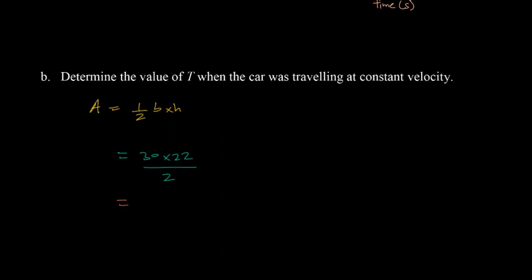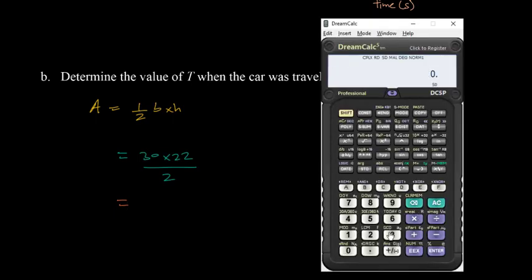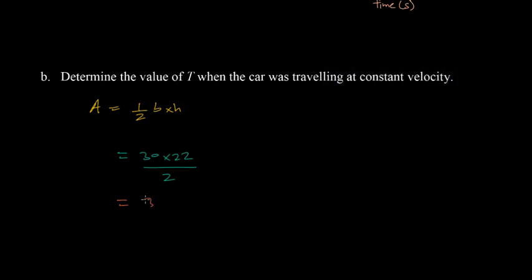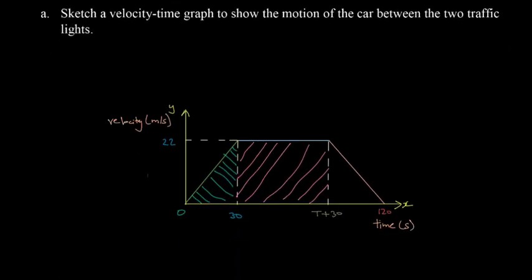Then taking the calculator, 30 times 22 divided by 2 gives us 330 meters. So it would have traveled 330 meters from 0 to 30 seconds. Now, we don't know this time right here, but we do know the time it takes to go to 22 meters per second, and we know the time for the complete journey.